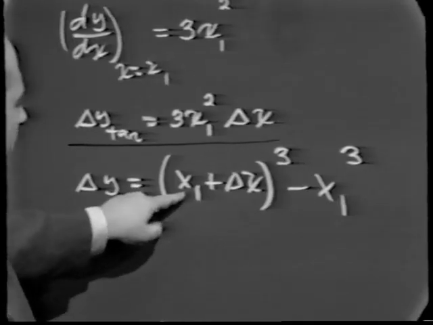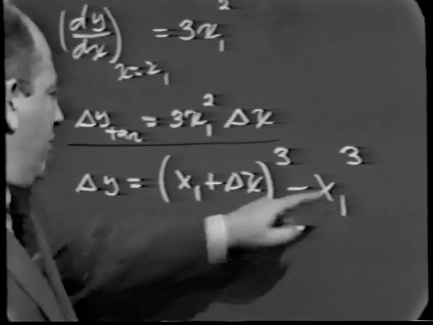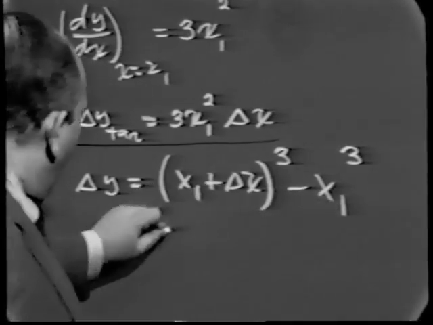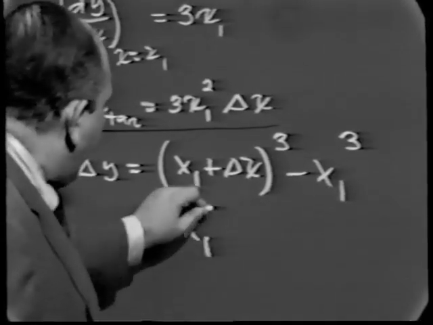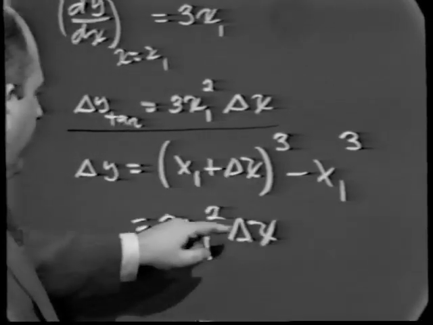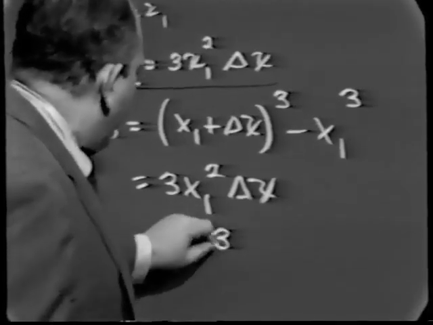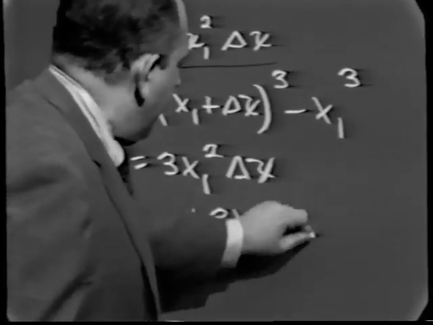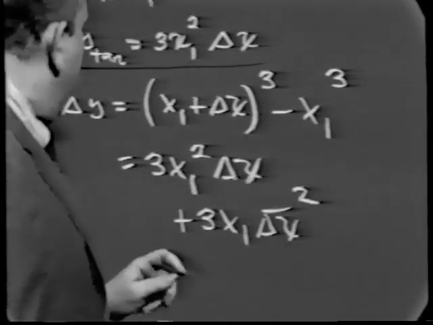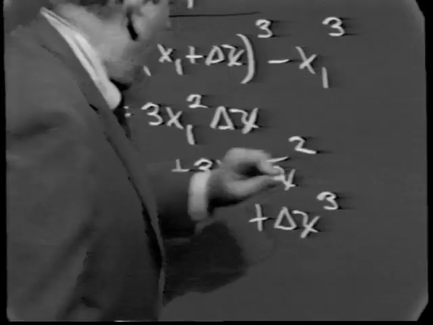By the binomial theorem, we get an x1 cubed term here, which cancels with the x1 cubed term over here. Then we get what? A 3x1 squared delta x, using the binomial theorem here. And then what else do we get? We get plus 3x1 delta x squared plus delta x cubed.